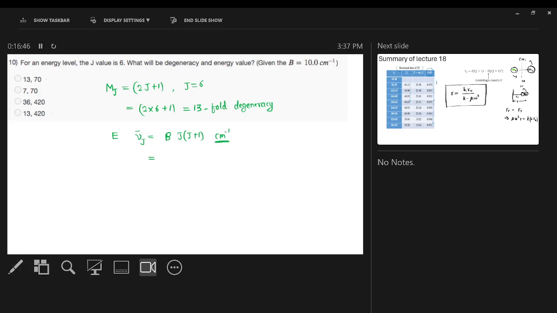B is 10 centimeter inverse, and J is 6, so we will have 10 times 6 times 7, that is 420 centimeter inverse. So this is the correct choice.